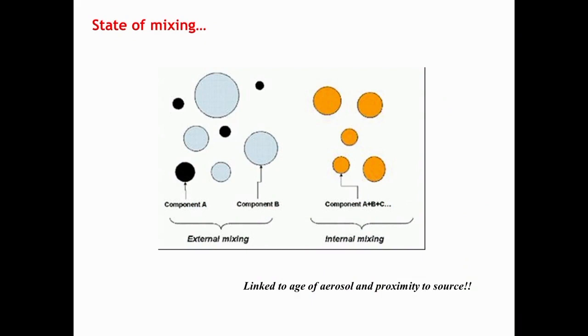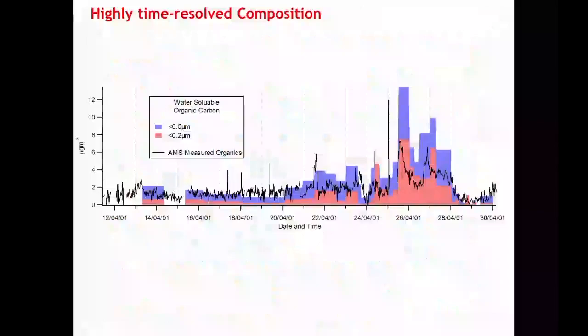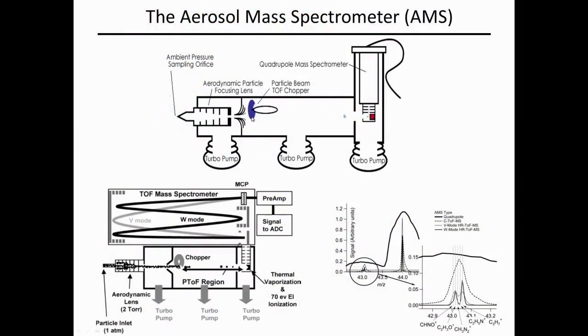But what you might consider, if you look at these particles here, that particle there, that particle there, and that particle there may all be roughly the same size. They might all take roughly the same amount of time to get down this mass spectrometer.